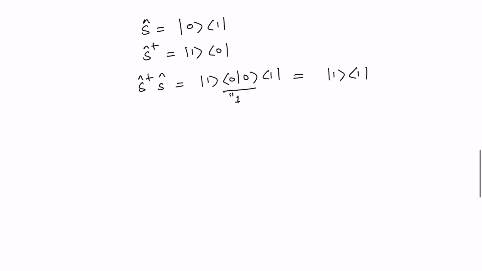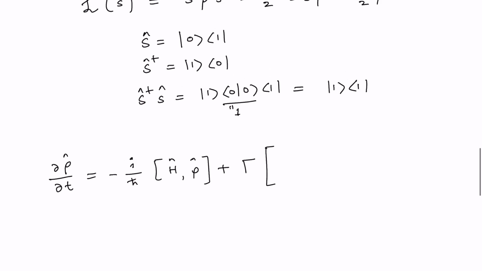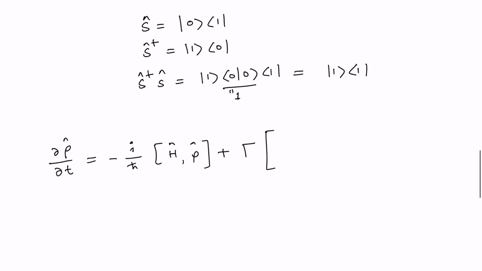And because of this, the Lindblad master equation we can now write as del rho del t is equal to minus i by h bar, the commutator of H and rho, plus gamma times the Lindblad form.